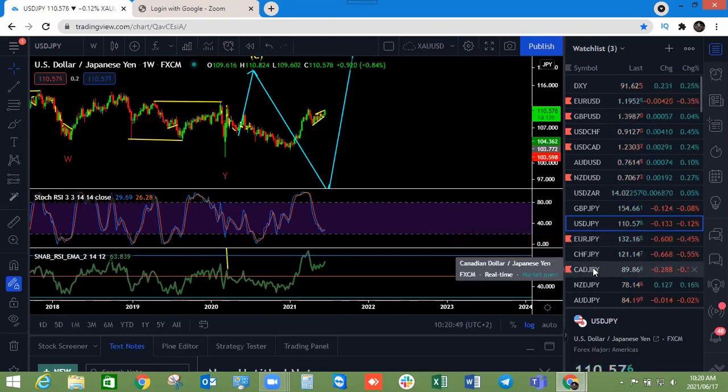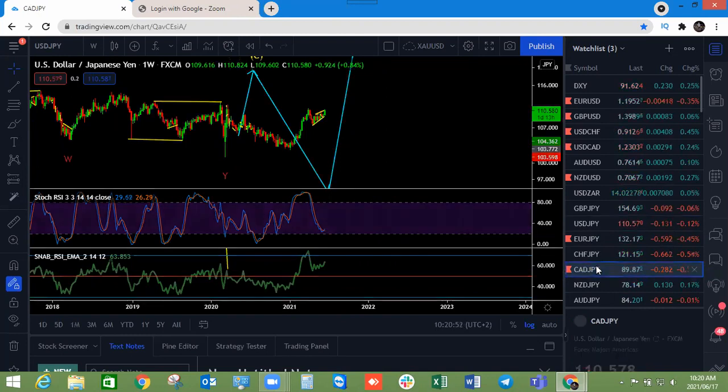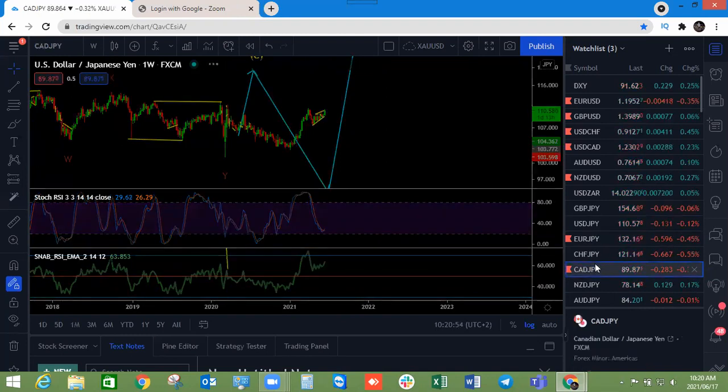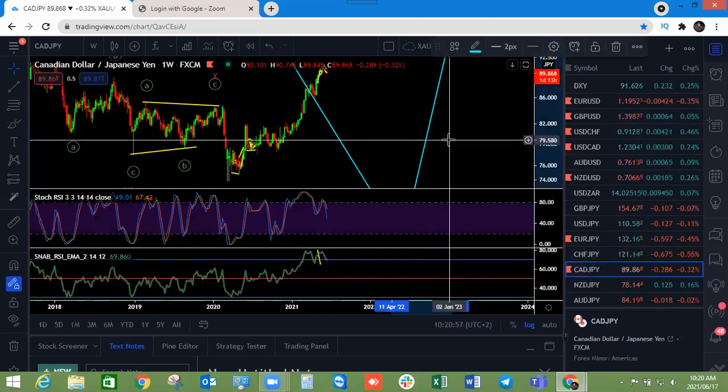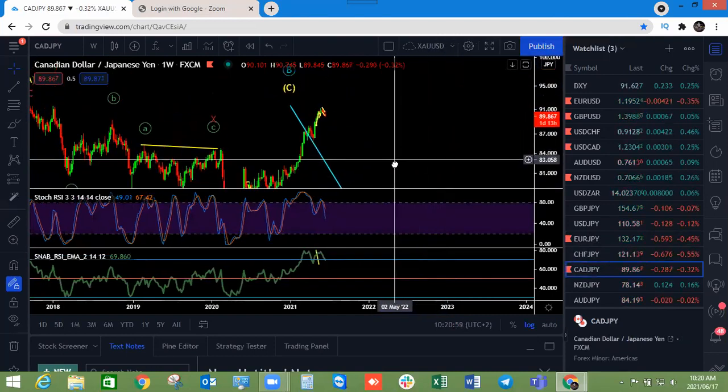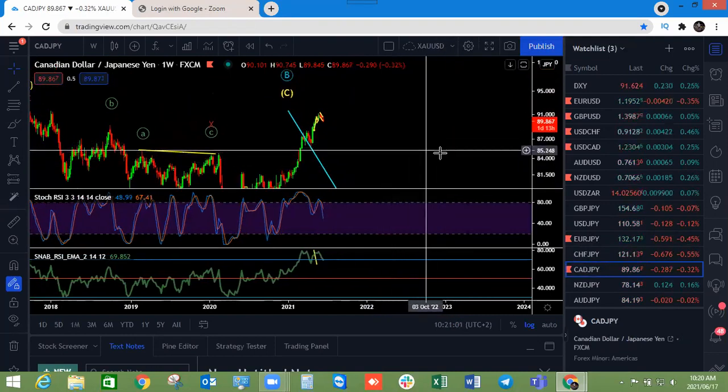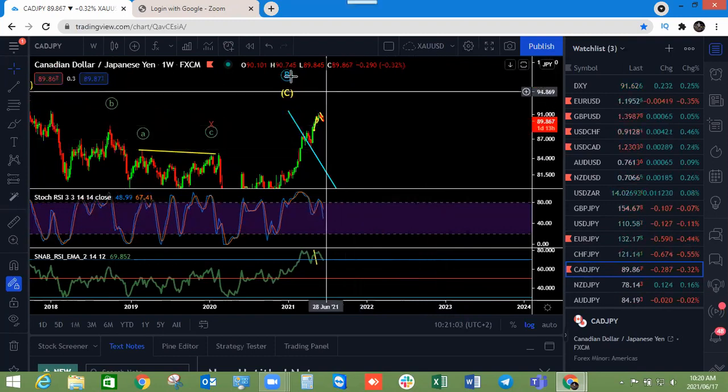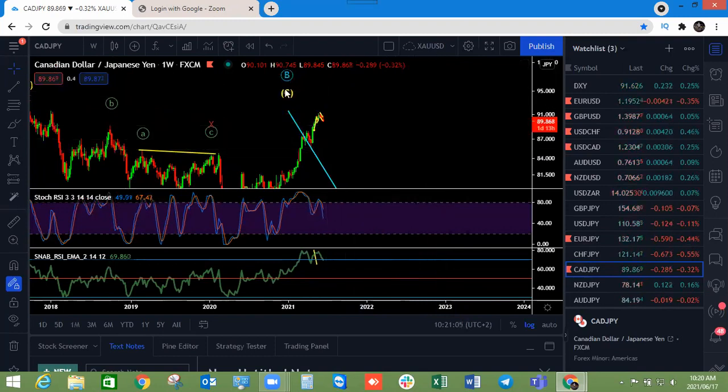That's because the yens are supposed to be the safe haven pairs, just like gold. So that's why you'll see most of the time when the yen pairs drop, gold makes a move to the upside. Currently, gold is dropping with the US dollar because of the US dollar strength, but let's see how that is going to go.